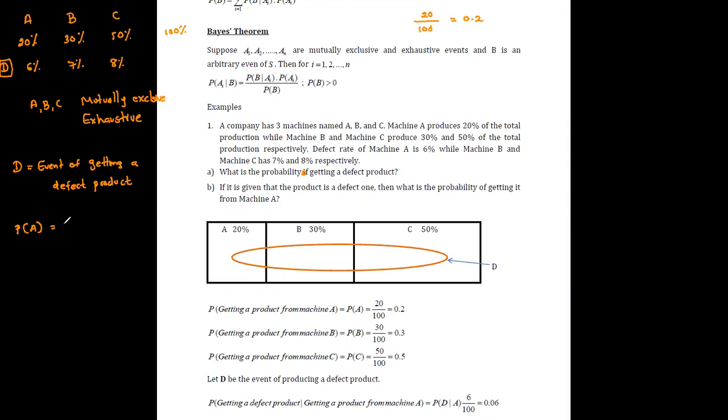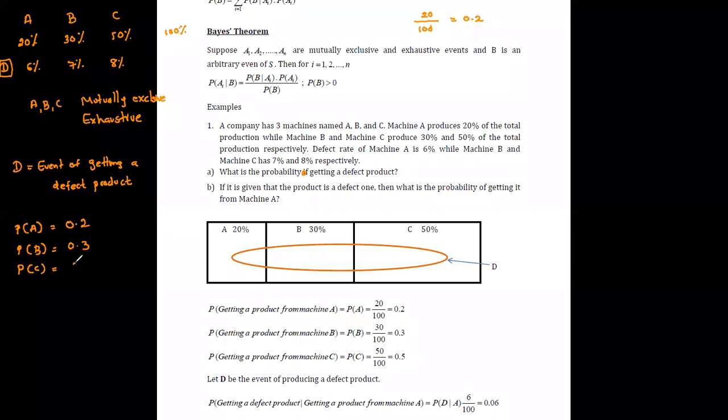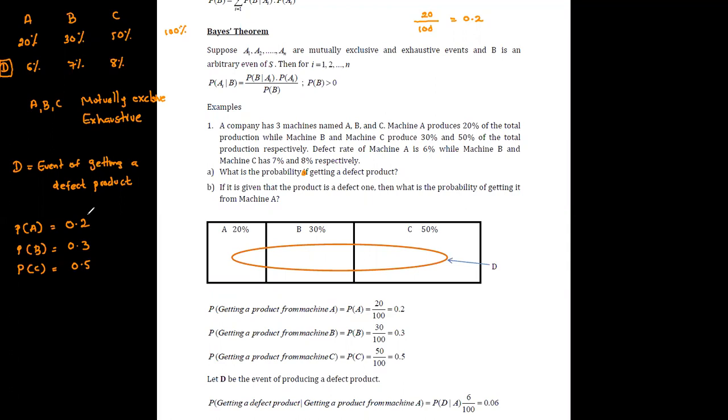Therefore, probability of event A is 0.2. Similarly, probability of event B, getting a product from machine B, is 0.3. Probability of event C, getting a product from machine C, is 0.5. Now you can see that the addition of these probabilities is 1. It means these are again exhaustive events.